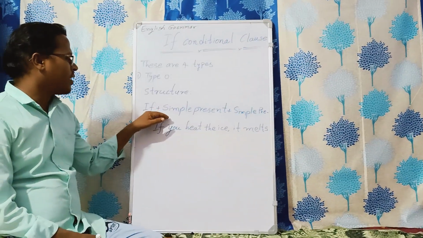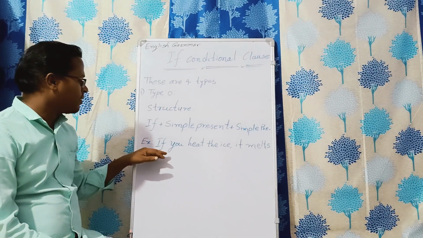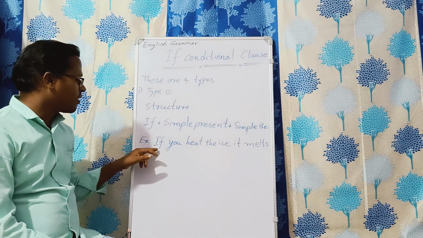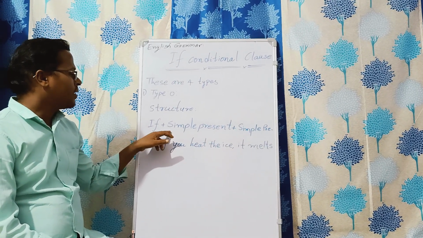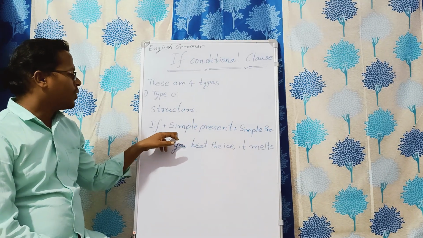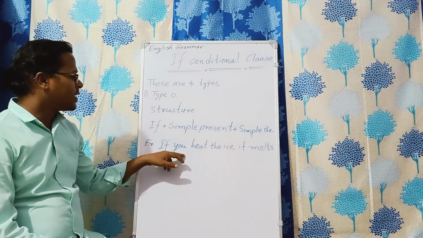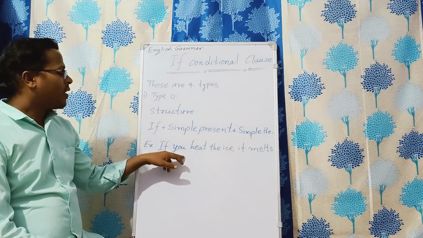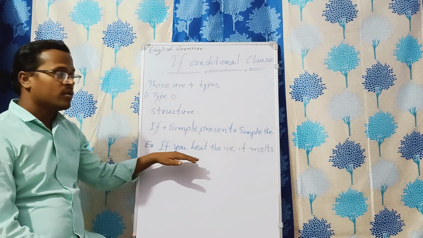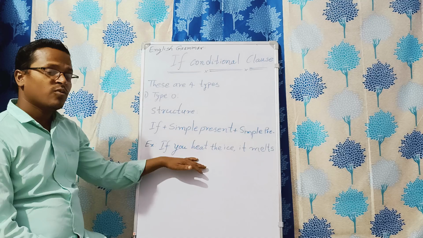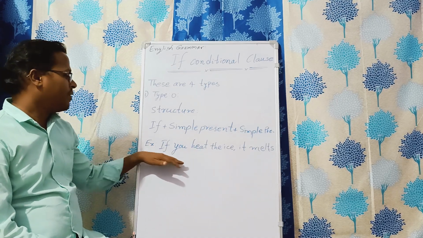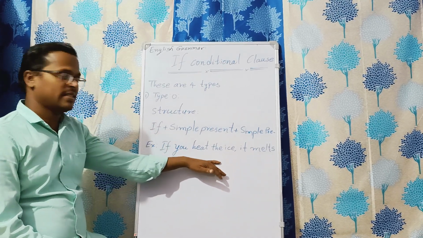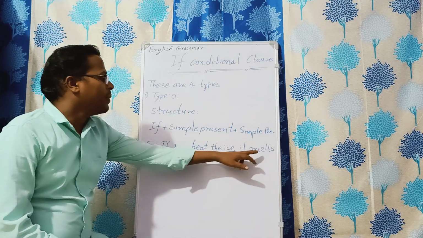According to the structure, we have to mention if, and later we have to write the cause, and making the cause means we are making the condition. If you heat the ice, it melts.